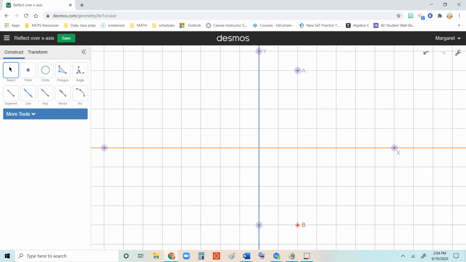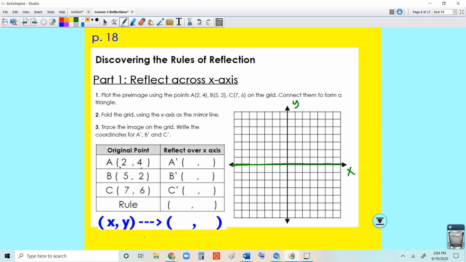So B is the reflection of A over the x-axis, and then you could look at that coordinate. If you want to use this as a resource, we'll provide that for you. All right. So take a minute, and we want to see if you can figure out a rule. What always happened? So plot those 3 reflection points and then see if you can figure out the rule. Go ahead and hit pause.